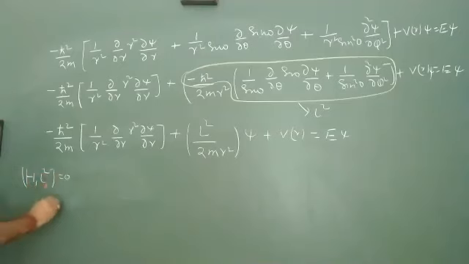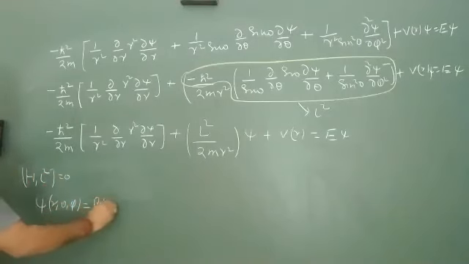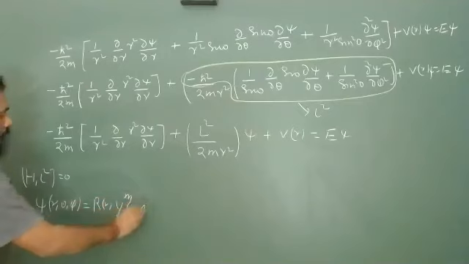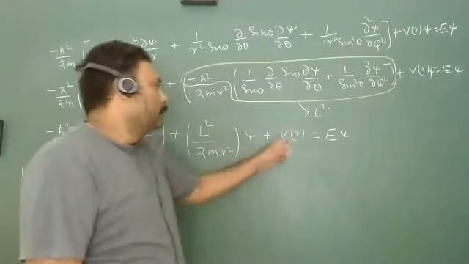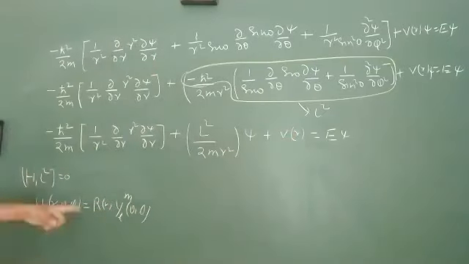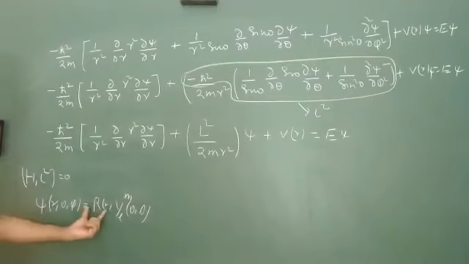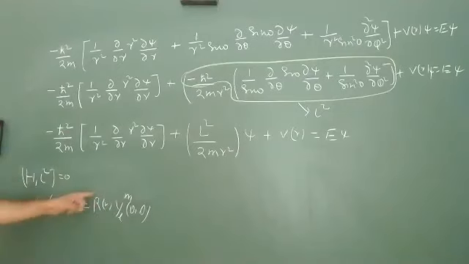I can write this psi(r, theta, phi) as a radial function R(r) times Y_lm(theta, phi). Can I write this thing? Yes, because the potential is only a function of r, we can write this, and this is your radial part. So I am interested in this radial part.